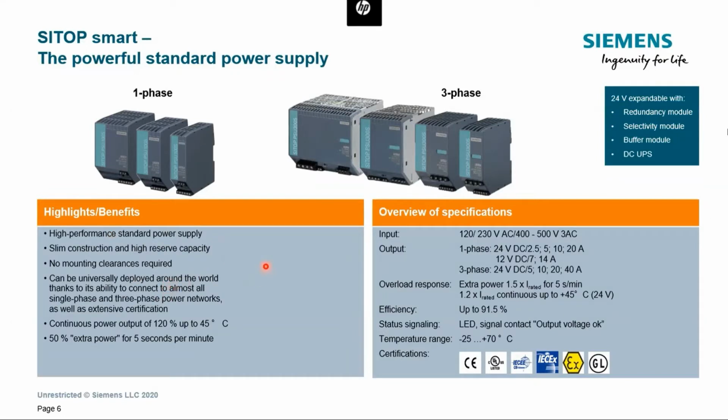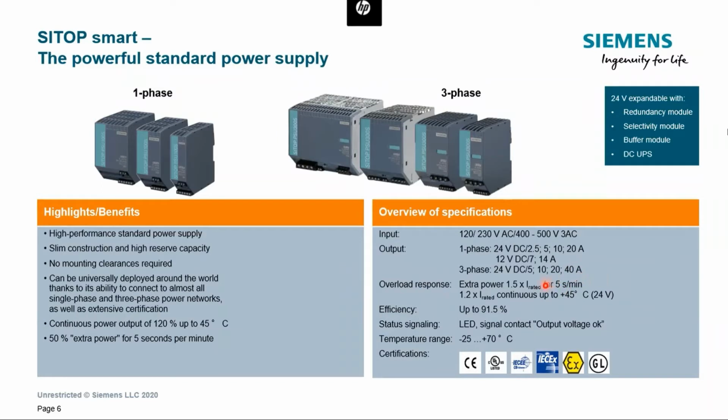It's special compared to the basic ones, because of the overload response. Here you can see that in the basic power supplies, you can go up to the rated current, and that's it. At any time that the load exceeds the rated current, you are in the overload region of the power supply. But here, for example, you can see that this extra power feature enables you to withdraw almost 150% of the rated current for 5 seconds of each minute.